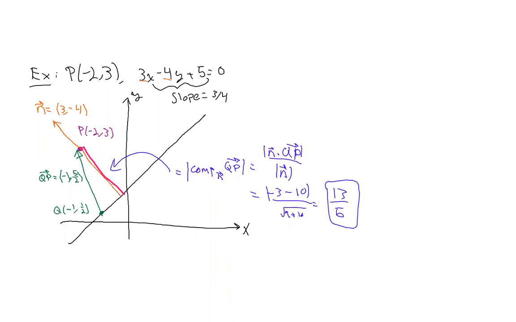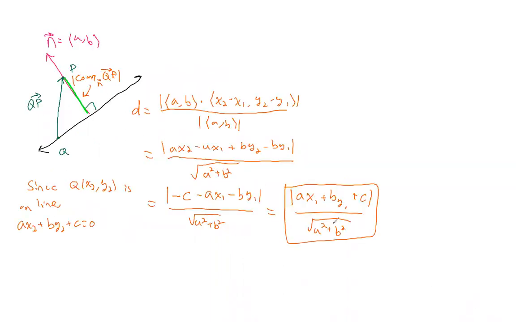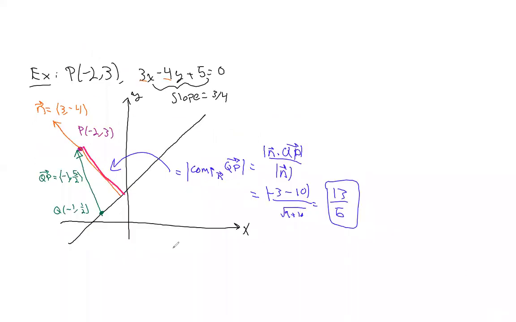Now, we have this formula that we just arrived at, right? This ax1 plus by1 plus c, and we can use that too. This is a different way of doing the same exact problem. We can instead do this as the magnitude of 3 times -2 minus 4 times 3, plus c, in other words, plus 5, over still the square root of 9 plus 16.